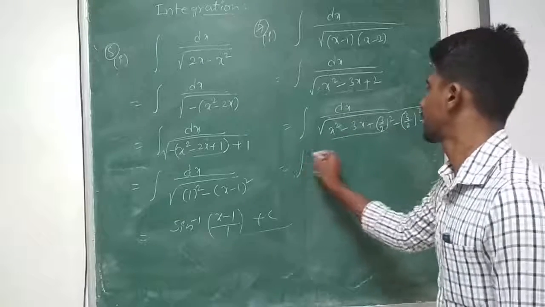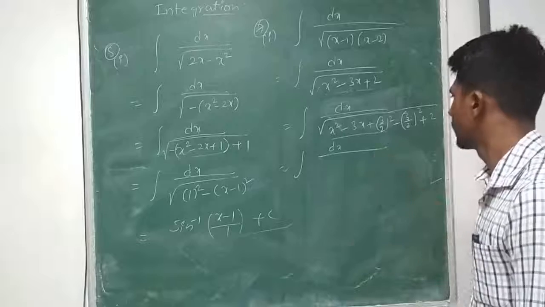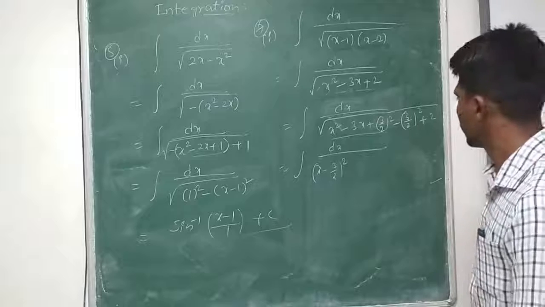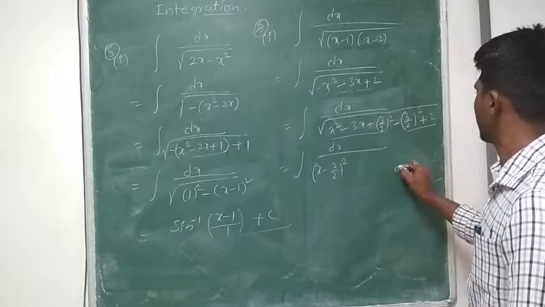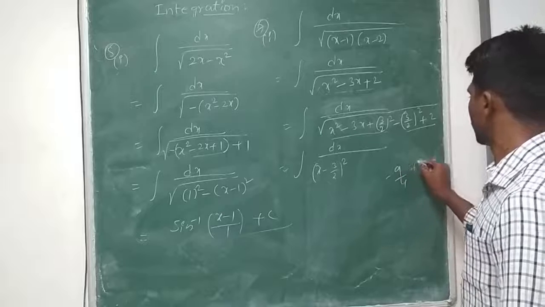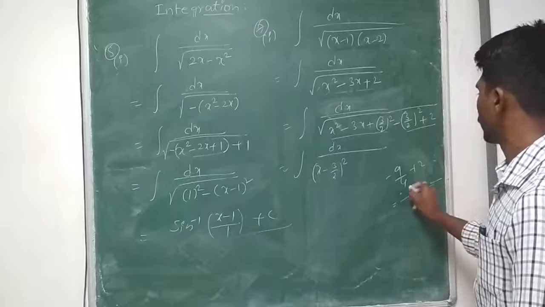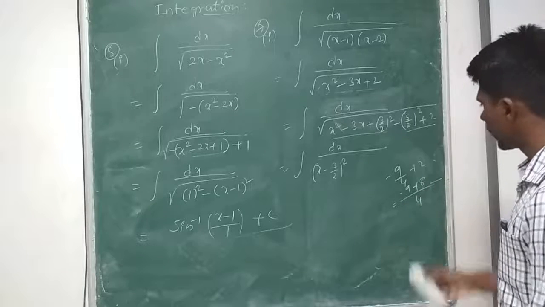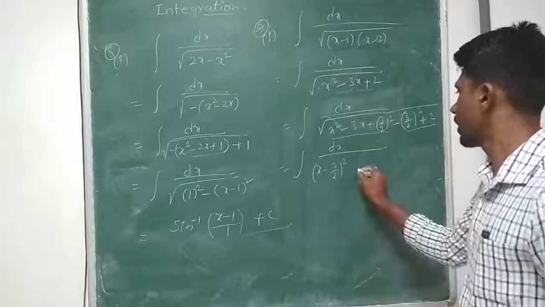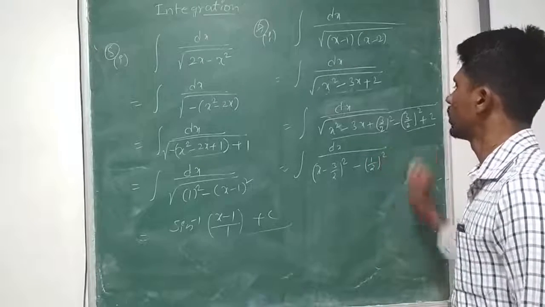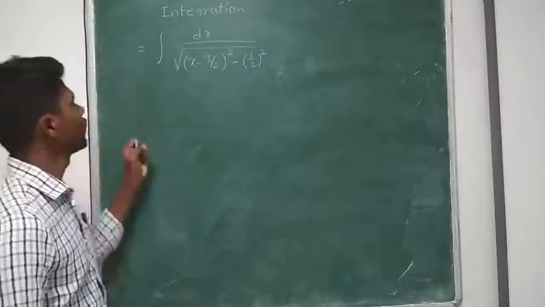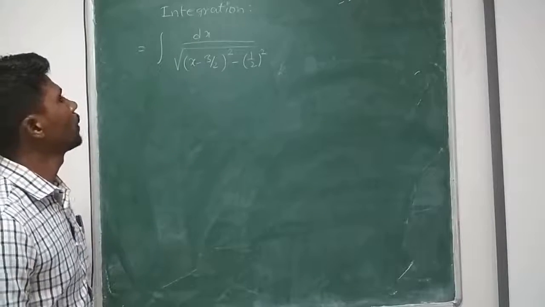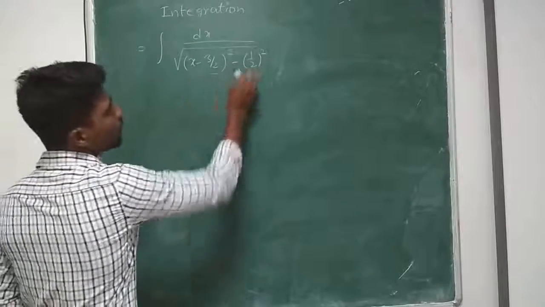This can be written as dx by (x minus 3 by 2) whole square, and simplify this: it's nothing but minus 9 by 4 plus 2, LCM is 4, so minus 9 plus 4 twos are 8, so minus 1 by 4, which can be written as minus of (1 by 2) whole square. After simplifying, we got integral dx by root of (x minus 3 by 2) whole square minus (1 by 2) whole square, which is in the form x square minus a square.